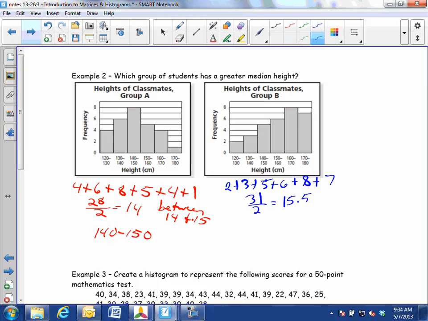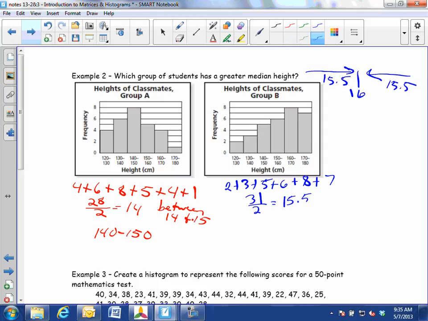This is telling me I've got 15 and a half going this way and 15 and a half going this way. What's my middle number? 16. Yeah, it's got to be 16. Our middle number is 16.